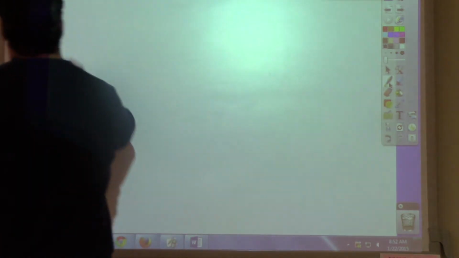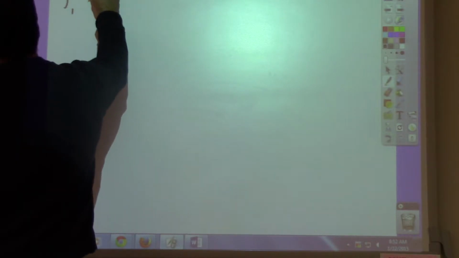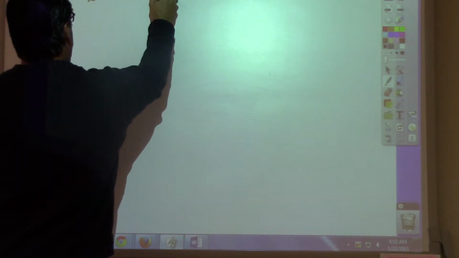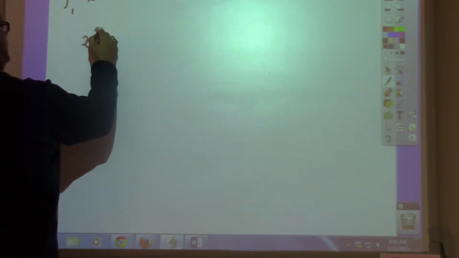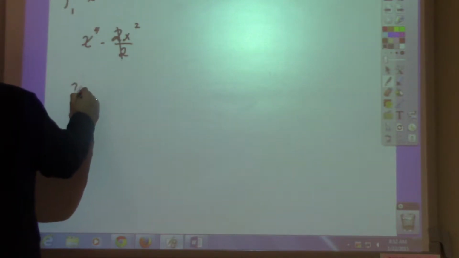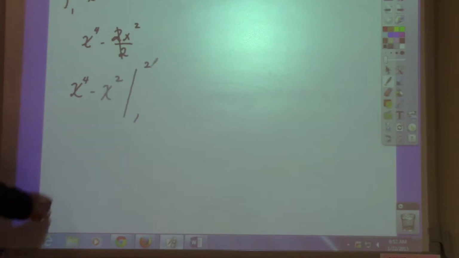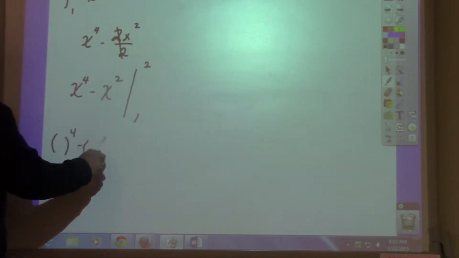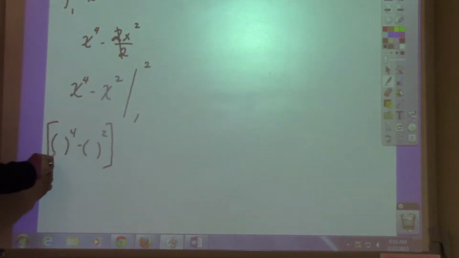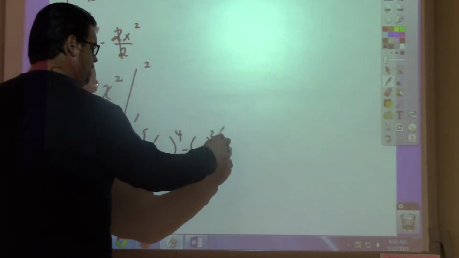And the first one, antiderivative from 1 to 2 of x cubed minus 2x dx. That's going to give us x to the 4th minus 2x squared over 2, which gives x to the 4th minus x squared evaluated at 1 and 2. So that'll be parentheses to the 4th minus parentheses squared, brackets, minus parentheses to the 4th minus parentheses squared, brackets.